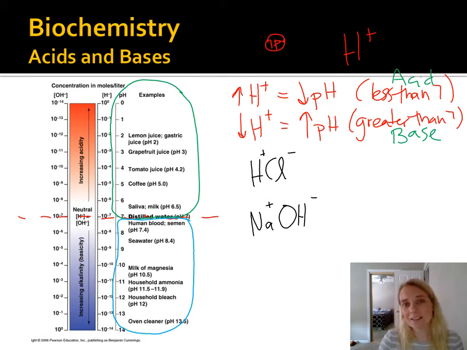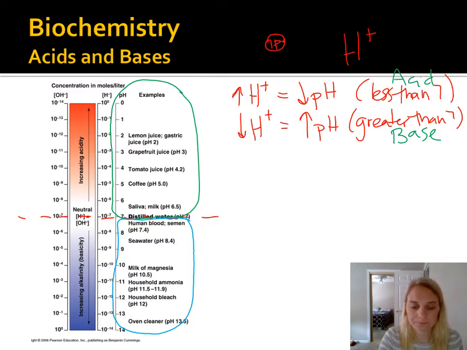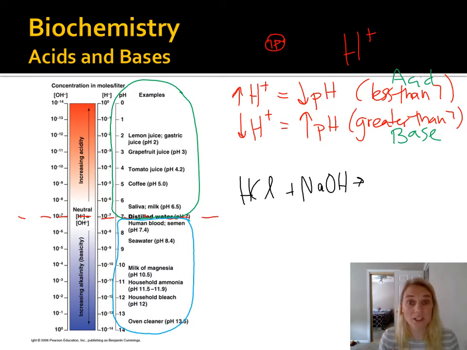So if you take an acid and a base and mix them together, what happens? This is called a neutralization reaction. I'm going to erase these real quick and write them in more of a reaction form. If you take hydrochloric acid plus sodium hydroxide, we are going to see one of those exchange reactions. We're going to see things swap partners. Remember, this was positive and this was negative, and this was positive and this was negative.